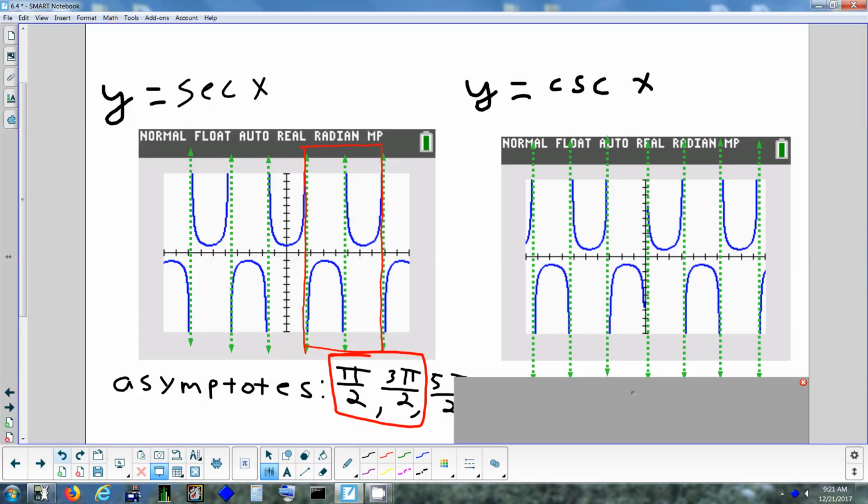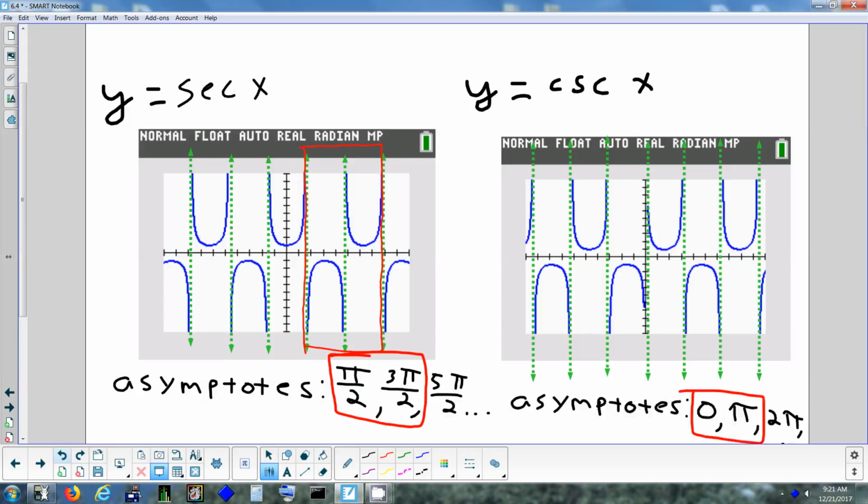Okay, so what's inside that red box is 1 period. So how many asymptotes are there per period for a secant or a cosecant graph? Okay. 2. Yep, there's 2. 2 asymptotes per period.